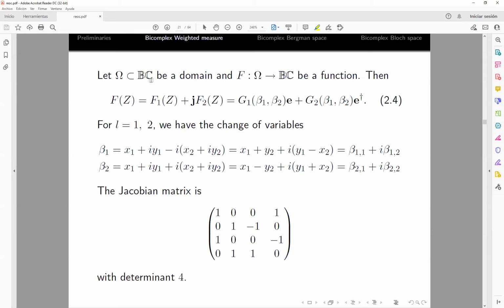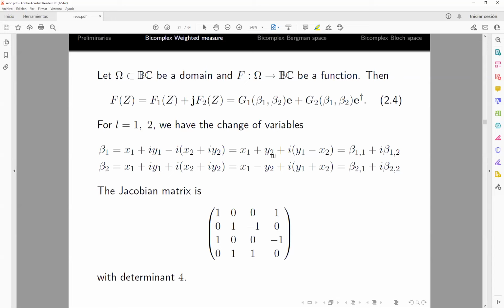And now we write this function using the idempotent notation, but now we will consider the respective real variables, okay? Here you can see this is beta 1, this is C1 minus i C2. Recall that this is the change of variables.